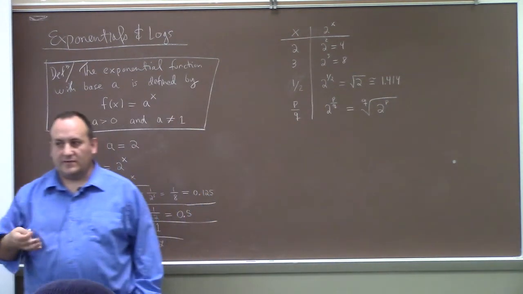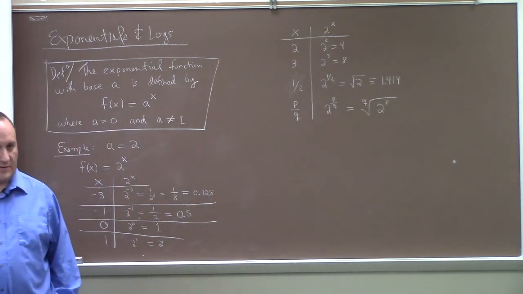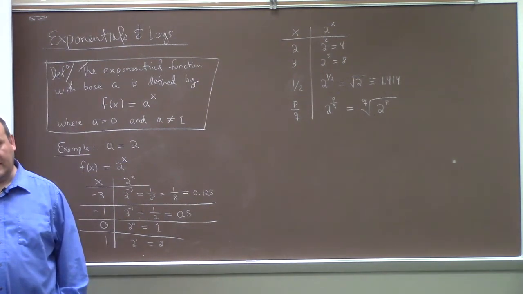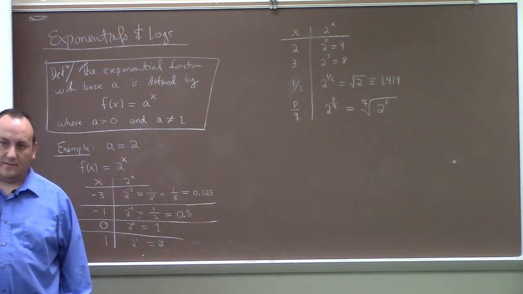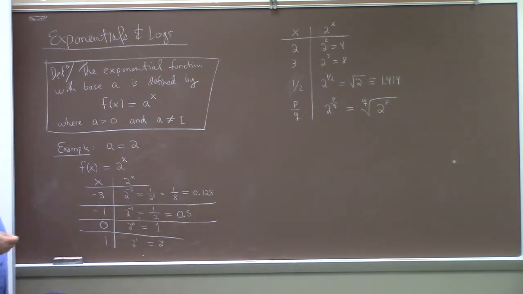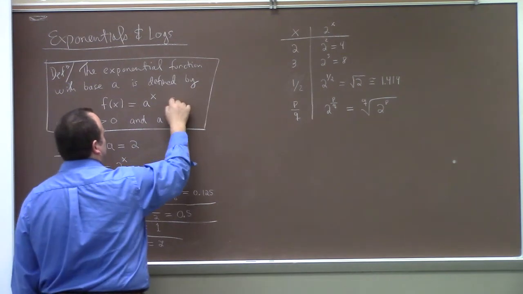So as long as you're thinking about a rational exponent, we can calculate 2 to that power just by either raising it to a power or taking a qth root. But notice that I've defined a to the x for any real number.